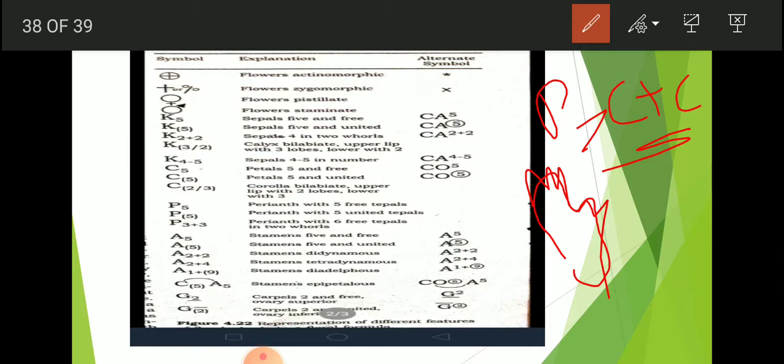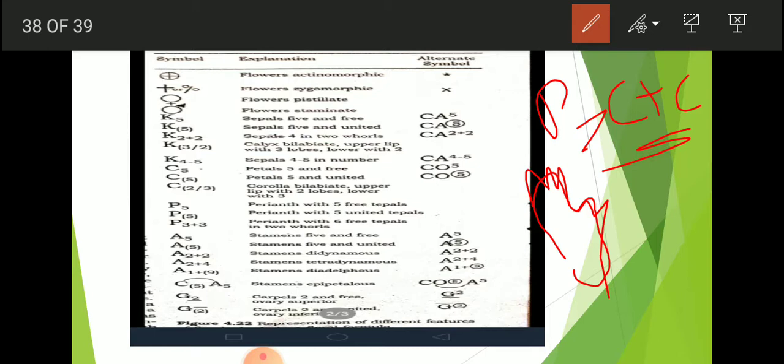Then A denotes androecium, that is stamens, the number of stamens present. 5 denotes that they are free. If it is under a bracket, then it is united. Then 2 plus 2 indicates that the androecium is didynamous. Didynamous means it has 2 groups of stamens.